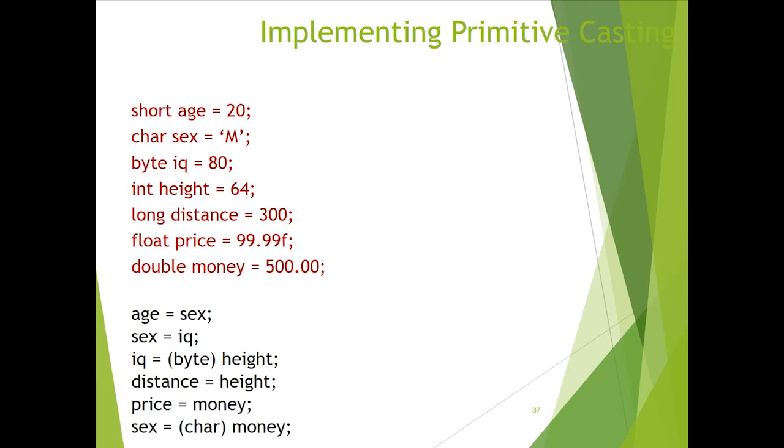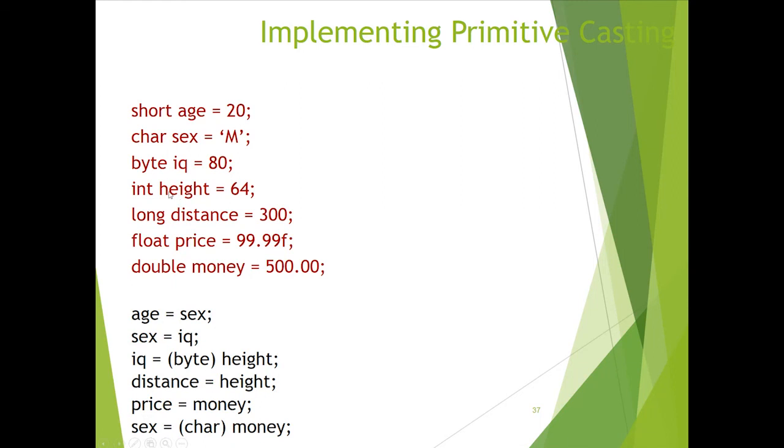So here we have IQ. IQ is a byte data type, so papansinin niyo byte si IQ. But the value that is going to be given to it is an integer, which is height.